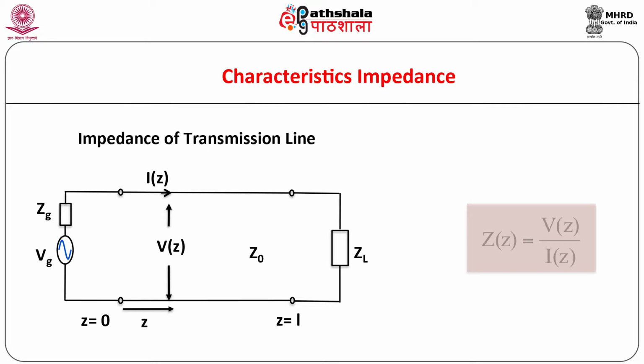These quantities, that is V and I, in turn can be used to determine the load impedance Z, which is given by V upon I at a given point on the transmission line.